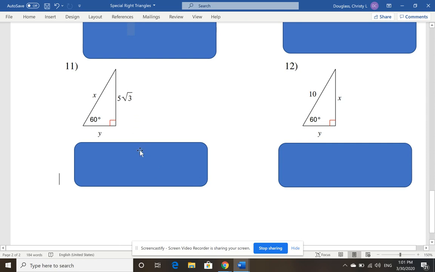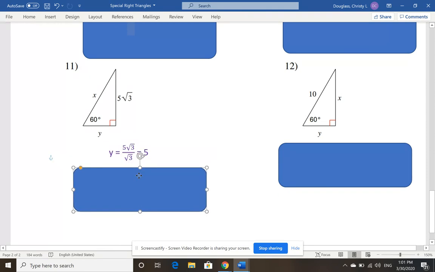So I'm going to take the long leg, which is 5 square roots of 3, and divide it by the square root of 3. The square roots of 3 cancel out, and so we're simply left with 5 for the Y value, or the short leg.